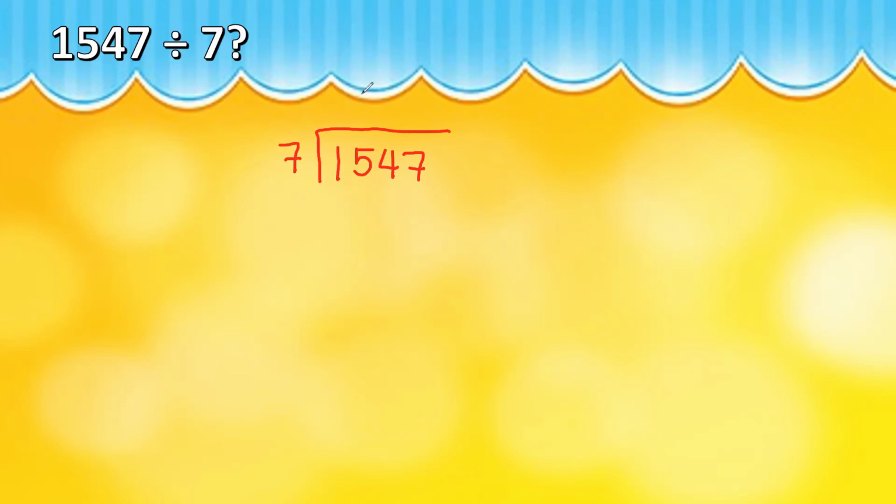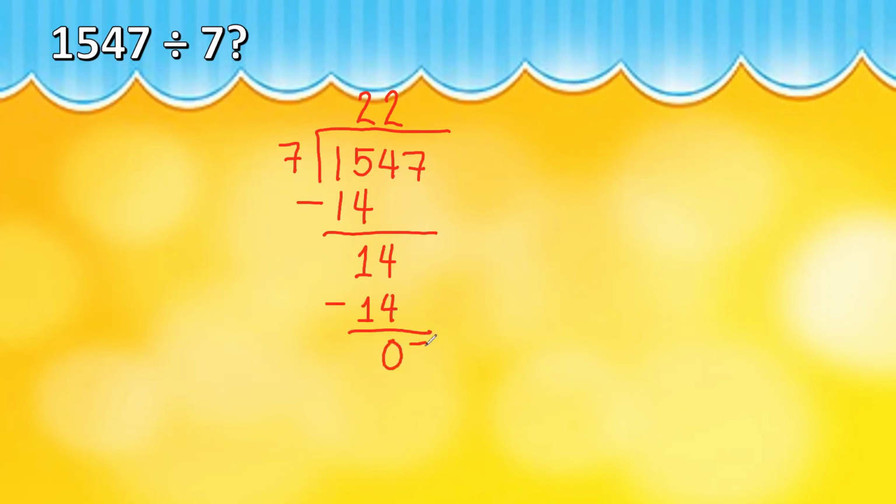15 divided by 7, that will be equal to 2. 2 times 7 is equal to 14. Subtract 15 minus 14 is 1. Bring down 4. 14 divided by 7, that will be equal to 2. 2 times 7 is 14. 14 minus 14 is 0.